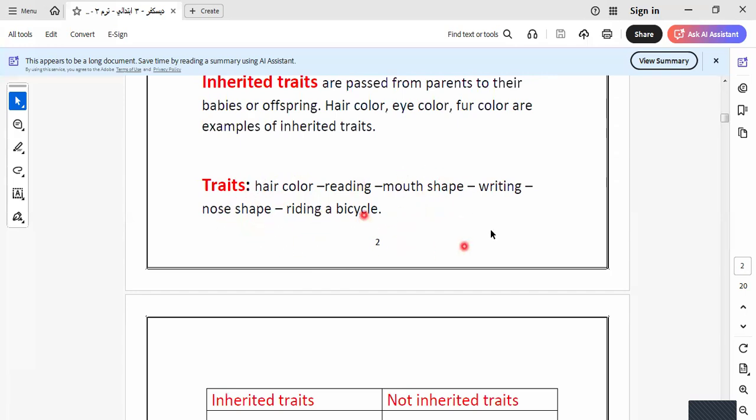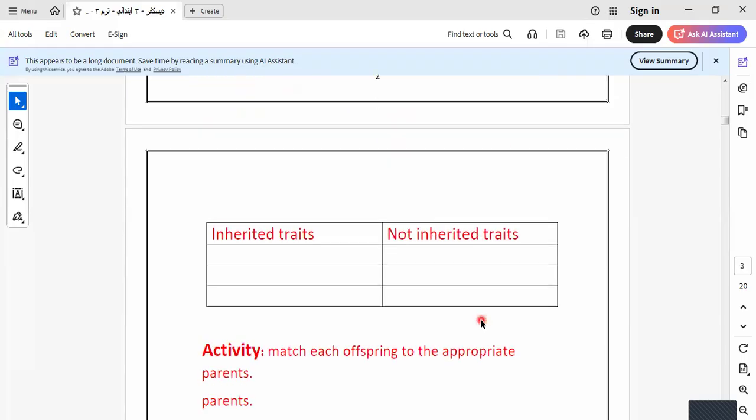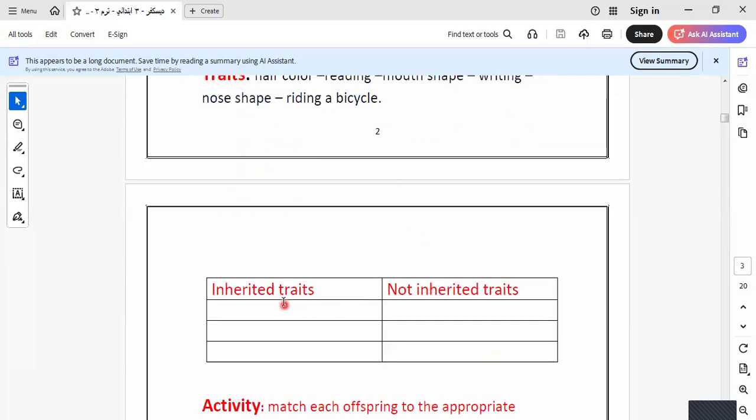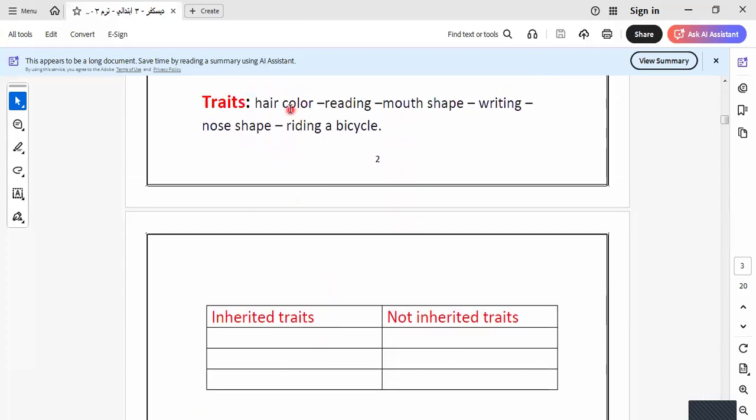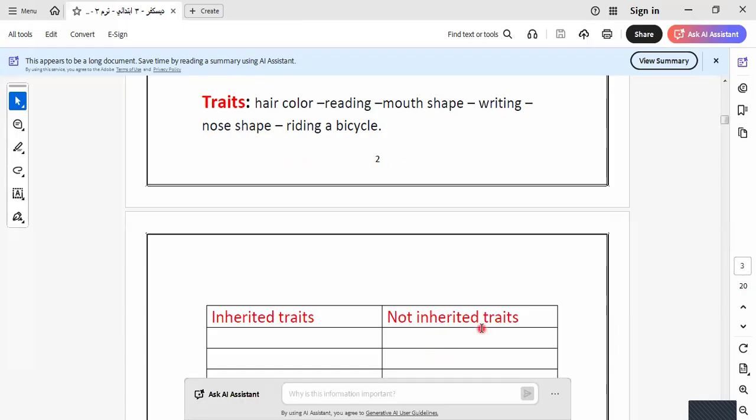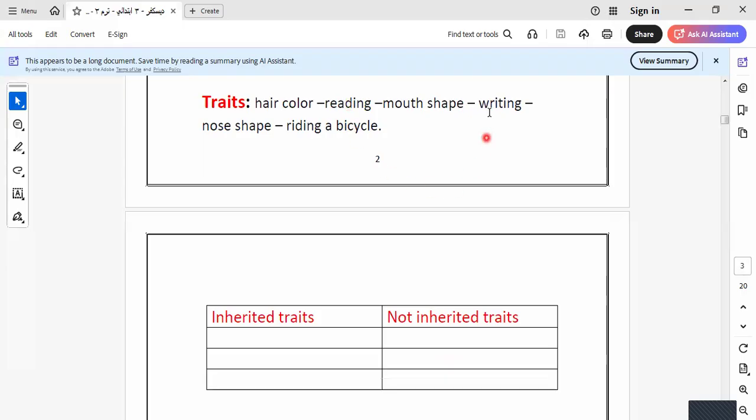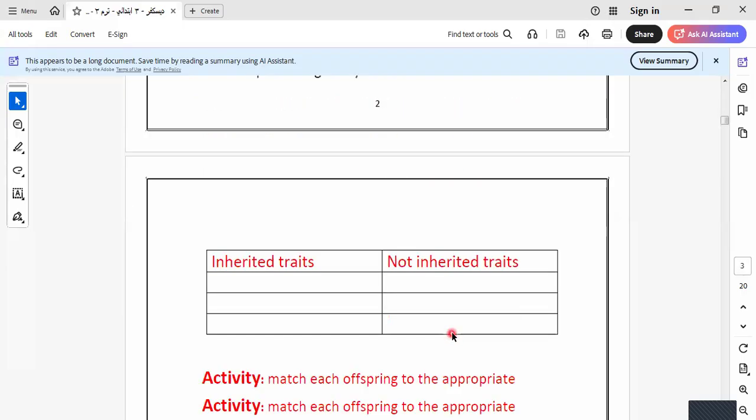Writing is not an inherited trait. So this is the classification of inherited and not inherited traits. The inherited traits are hair color, mouth shape, and nose shape. The not inherited traits are reading, writing, and riding a bike.